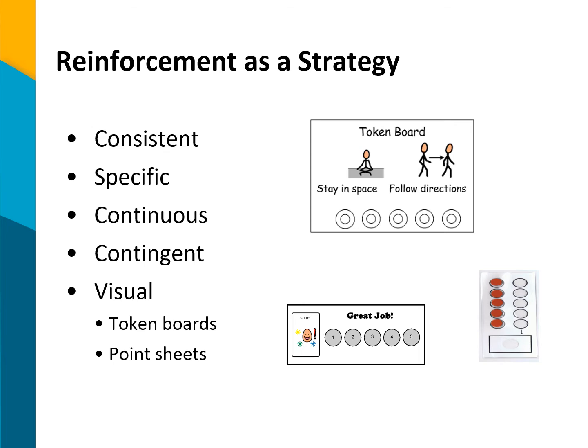Reinforcement, often thought of as a reward system, must be consistent. Every person who spends time with the child needs to be on the same page as to what the expectations are in order to reinforce appropriate behavior. In addition, if the child does not exhibit the appropriate behavior, the consequences need to be consistent.